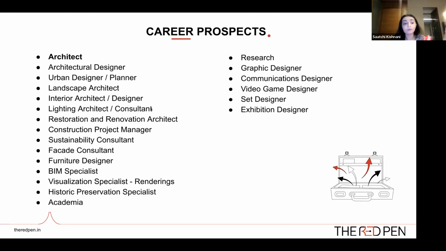As bizarre as that sounds, that is one of the most highly paying professions within architecture. Restoration and renovation architecture, you can become a construction project manager. You do a minor on that. You can become a sustainability consultant, a facade consultant, a furniture designer, a BIM specialist.